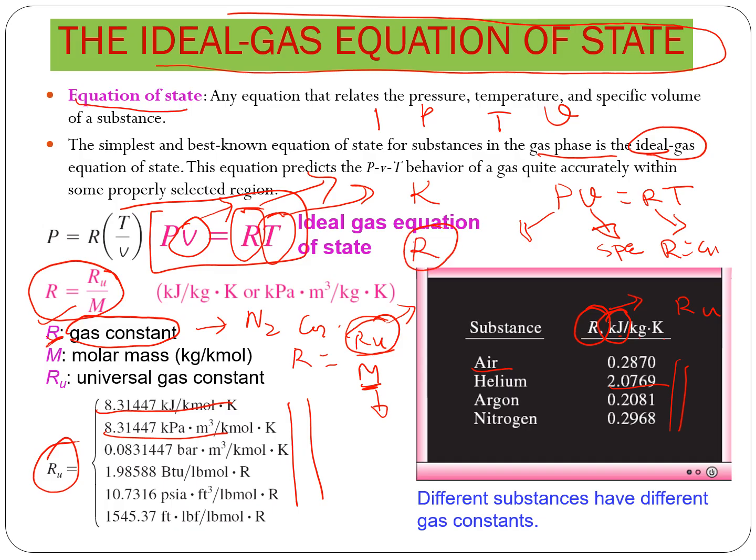That is very important. In SI units, specific volume is in meter cube per kg, the pressure is in Newton per meter square, and R is given in kilojoule per kg per Kelvin. You can convert to joule so that you have everything in the basic unit and do the calculation accordingly.